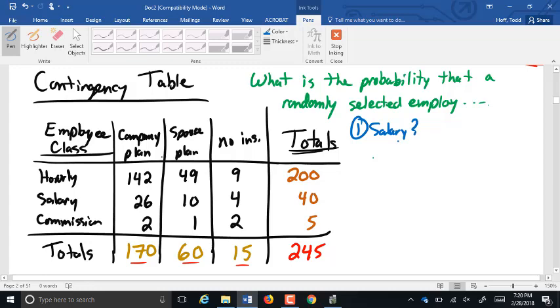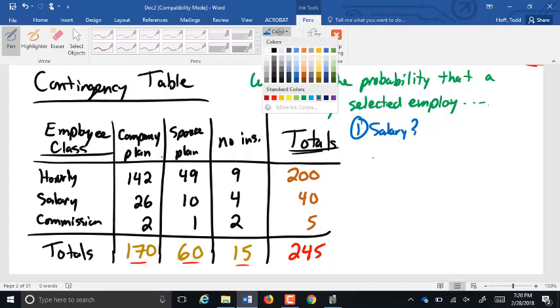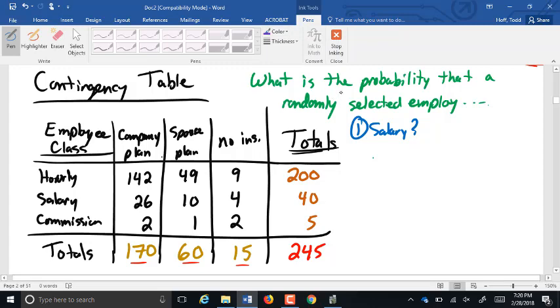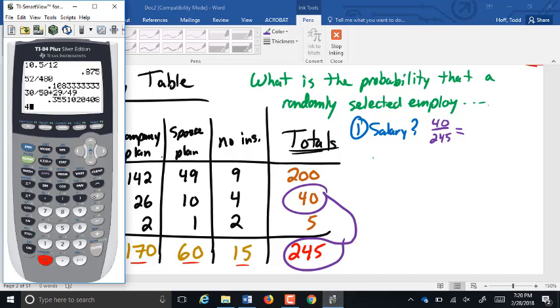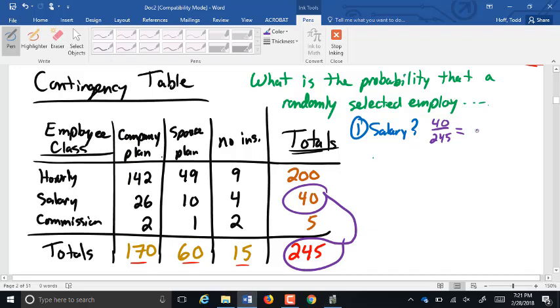Well, we can look at this table and very quickly figure out how many are on salary. 40. Out of how many total? 245. So that's 40 over 245. 0.1633. Or 16.33% if you want to do it as a percent.